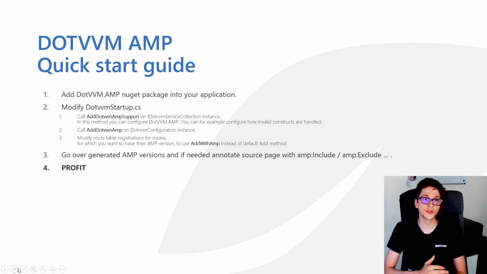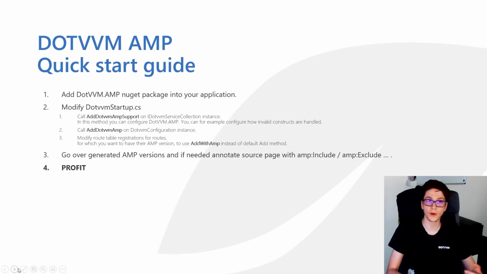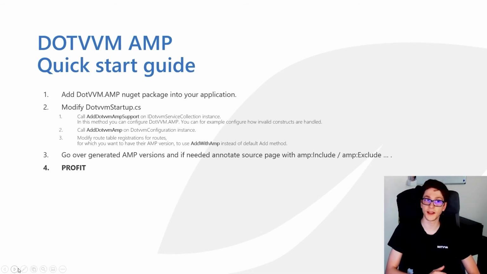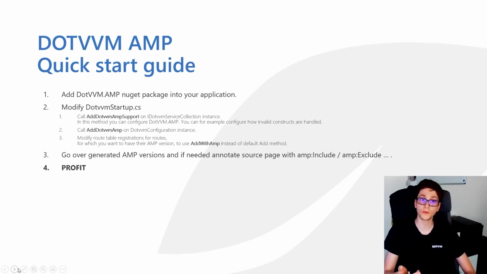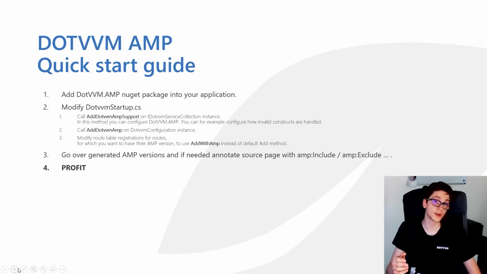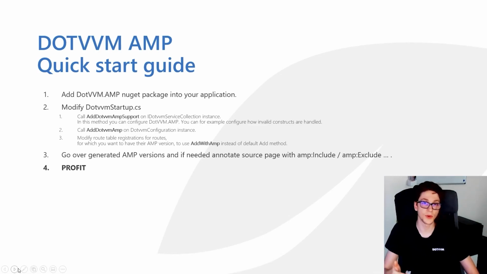So in order to use it, you just add the .vm AMP NuGet package, and you modify .vm startup by adding those two methods, one on the .vm configuration and one on the service collection instance. And from this point on, you just select which pages you want to have the AMP version with, and which will be left with just the normal .vm version.